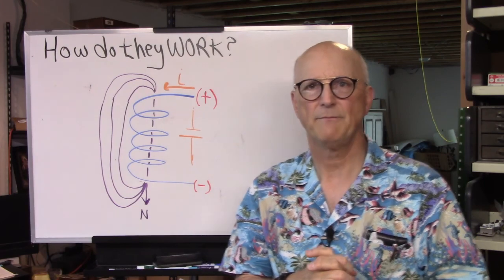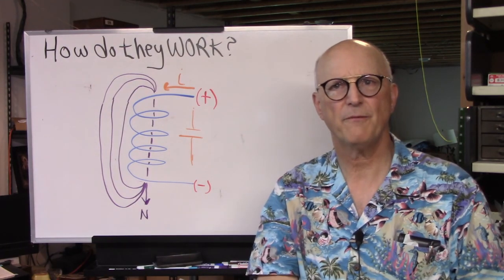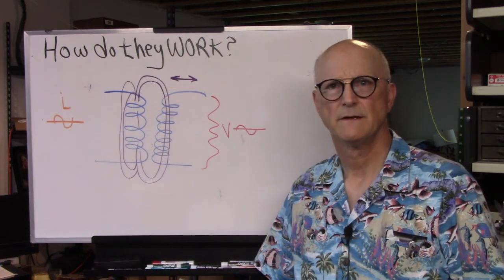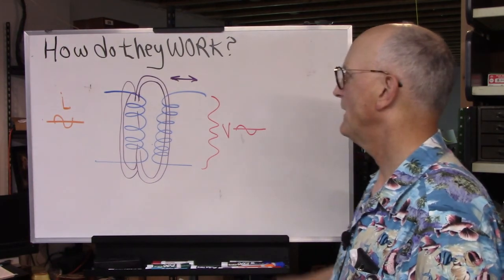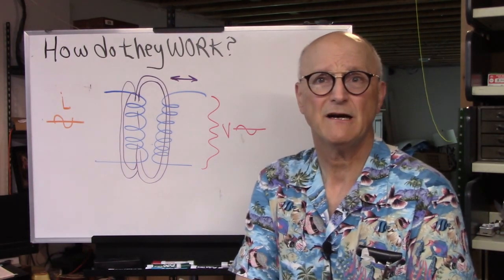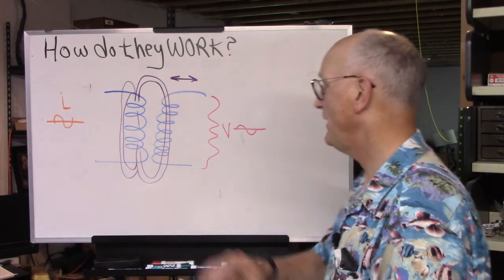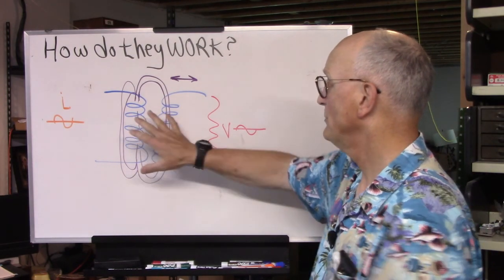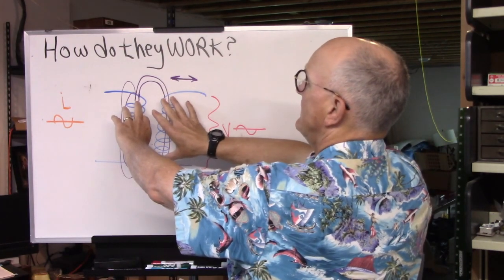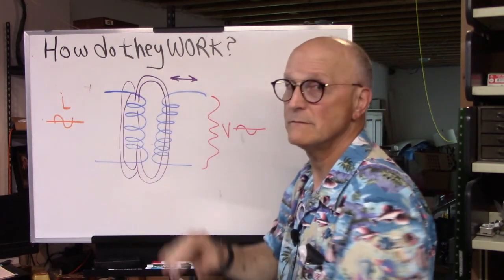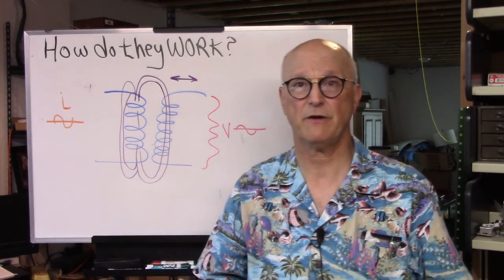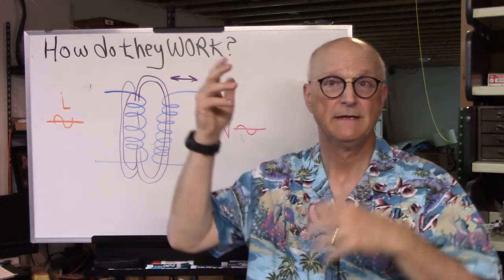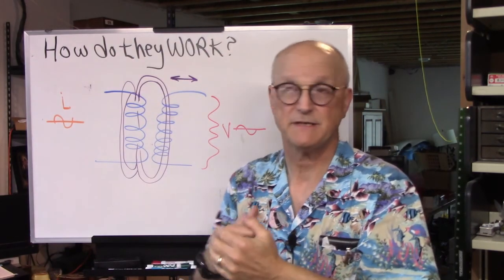Now, I'm going to give you a brief word about transformers. Transformers are nothing more than magnetically coupled inductors. That means you can have two magnetically coupled inductors or more. There are transformers out there with multiple taps and secondaries.